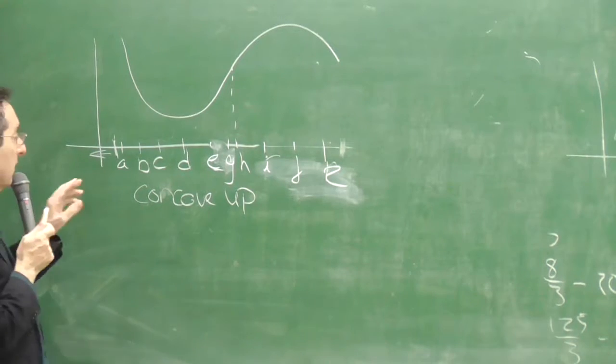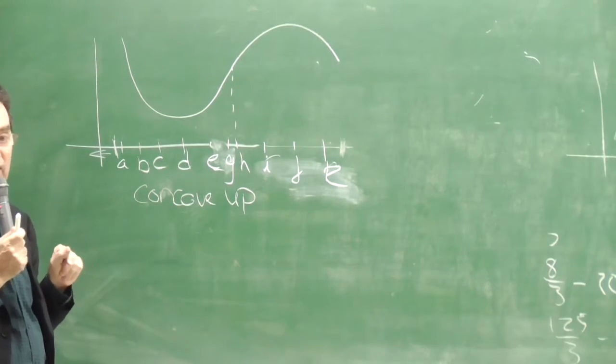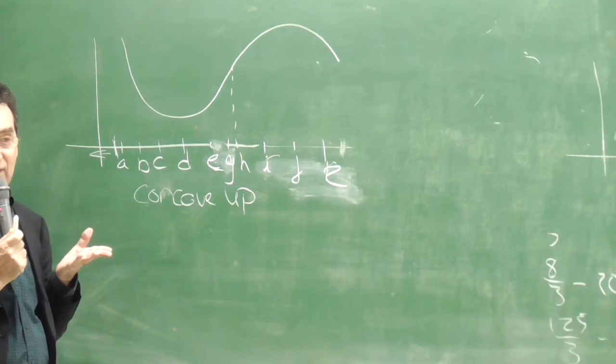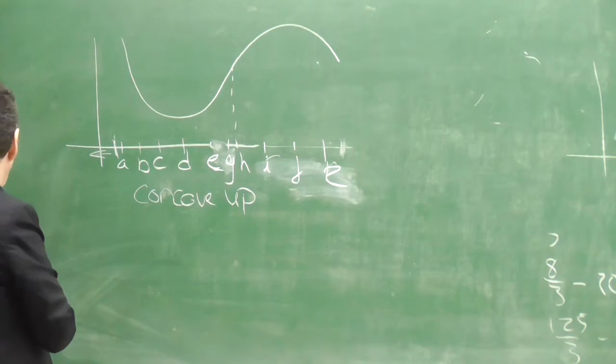So let's think about the derivative at A, B, C, D, and so on. What's the derivative at A? Well, obviously we can't have a number, but can you say whether it's positive or negative at A?